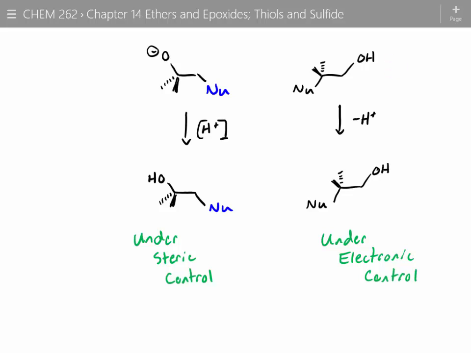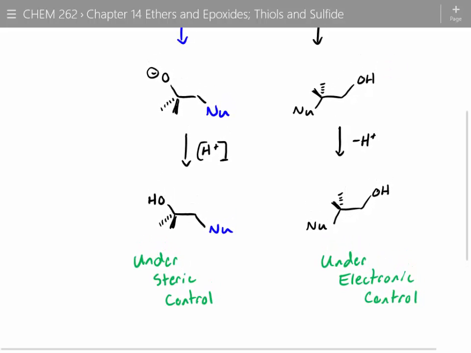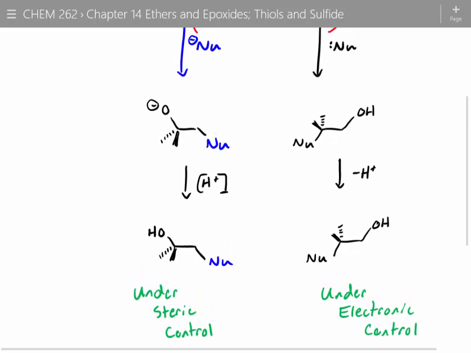So these are two competing trends in organic chemistry. The one on the right we said is under electronic control because we're attacking at the carbon with the partial positive. Electronically, that's most favorable. The one on the left, we're attacking at the carbon that's less hindered, so we're saying that's under steric control. These are competing ideas at play.